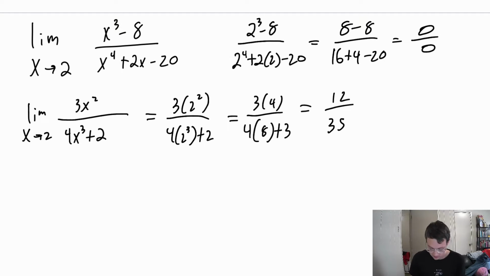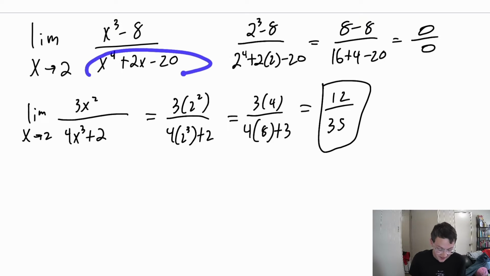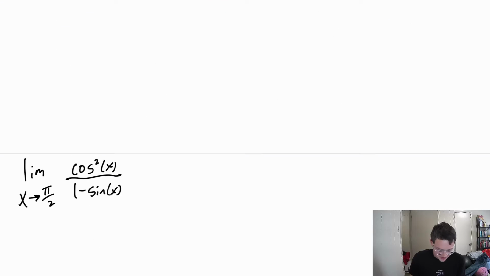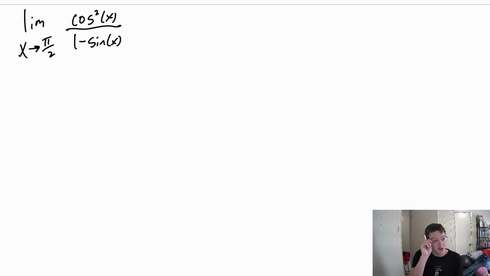And we're done. We found the limit. Easy peasy. One step. Could you imagine trying to factor this and seeing if you get any cancellation? It sounds awful. Okay, let's take a look at some more examples.